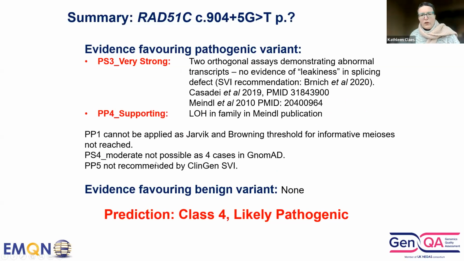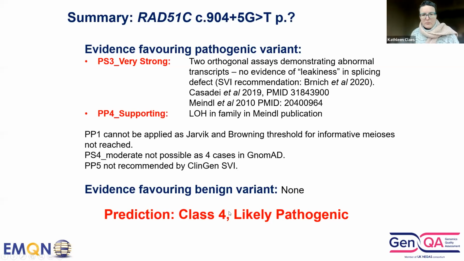Okay, so we also think that we cannot use PS4 at a moderate level, because there are 4 cases in gnomAD, and PP5, so using a reputable source, is not recommended by the ClinGen SVI.